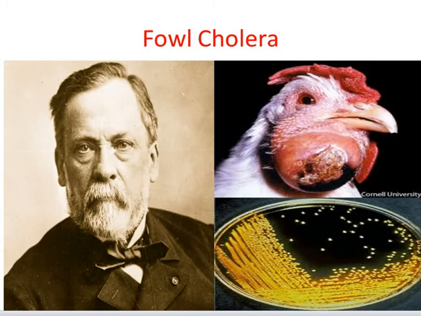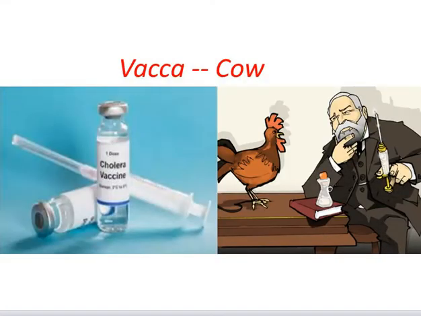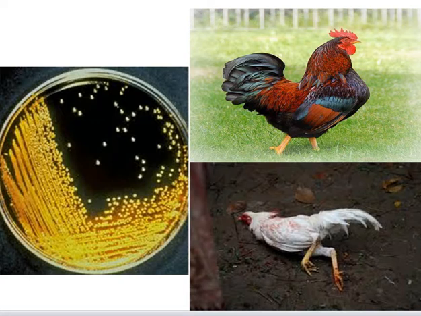After returning from a summer vacation, he and colleagues resumed their experiments, injecting some chickens with an old bacterial culture. The chickens became ill, but to Pasteur's surprise, they recovered. Interested, Pasteur then grew a fresh culture of the bacterium with the intention of injecting this lethal brew into some fresh, unexposed chickens.